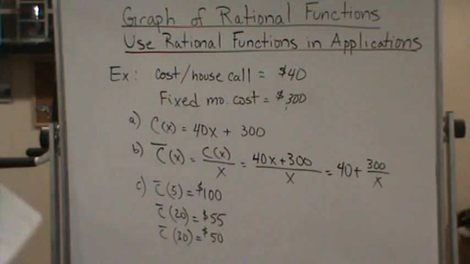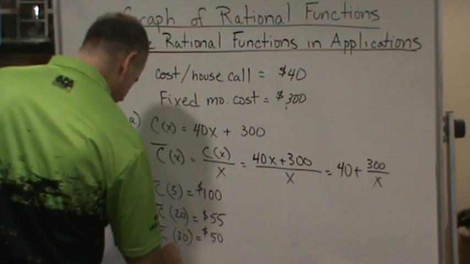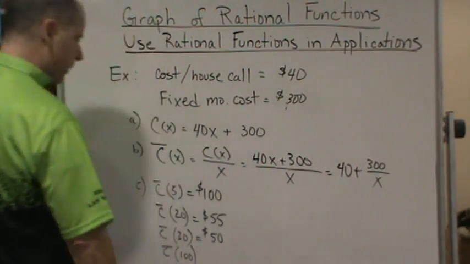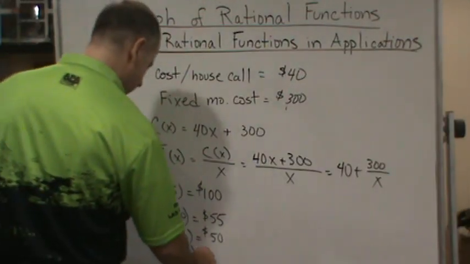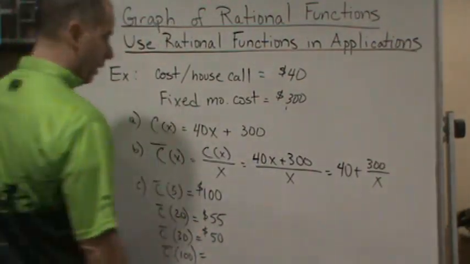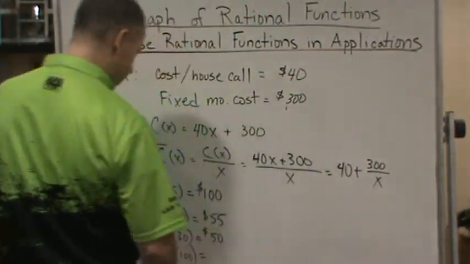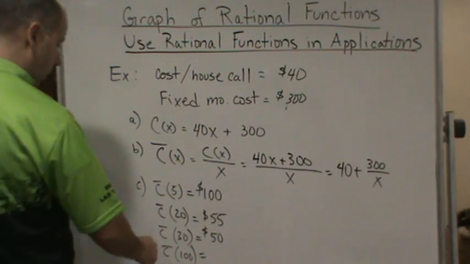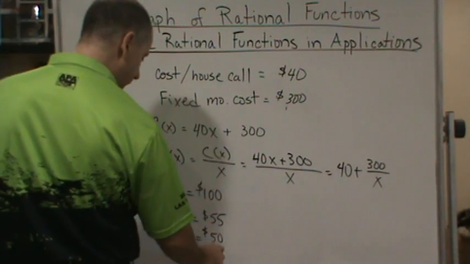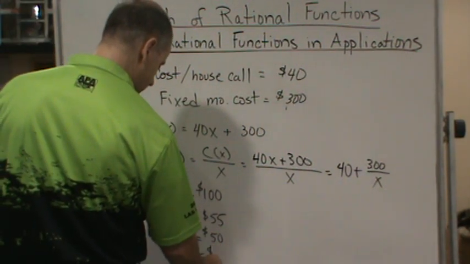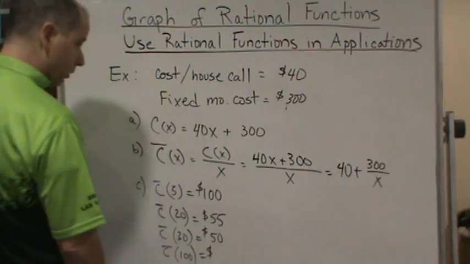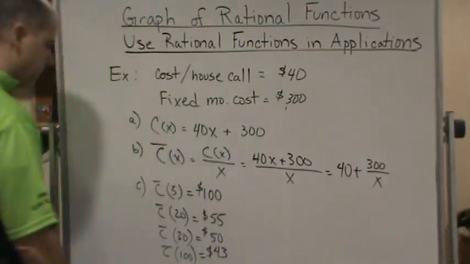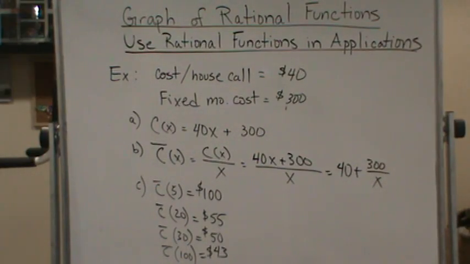And what about C bar of 100? Let's say we do 100 house calls a month. That means our cost per call for the month goes down to $43 per house call.